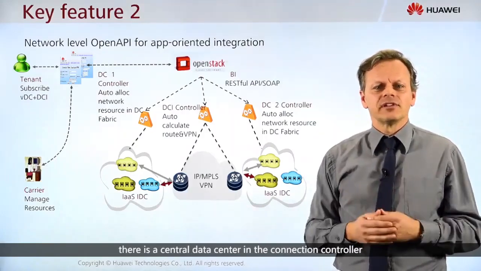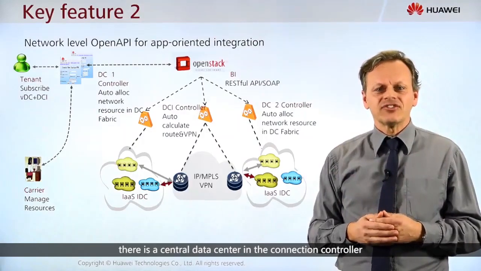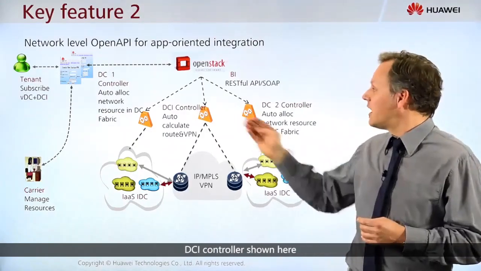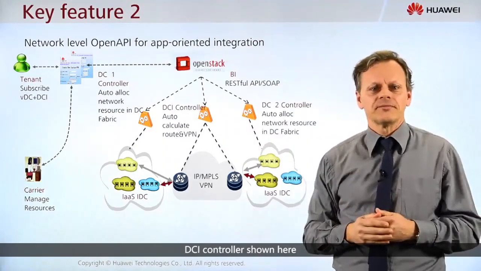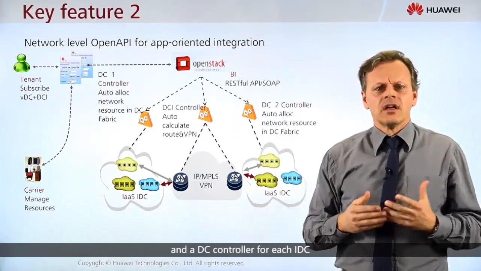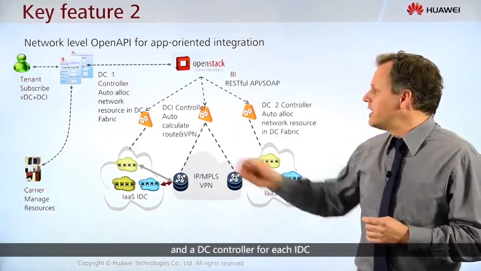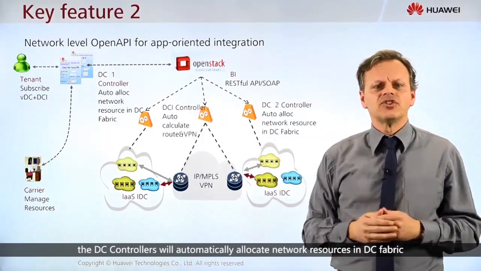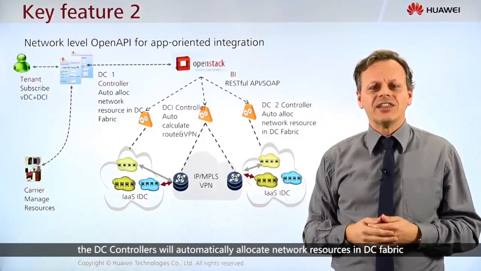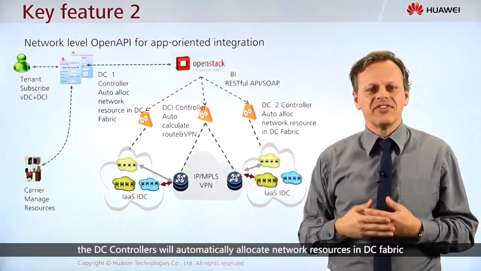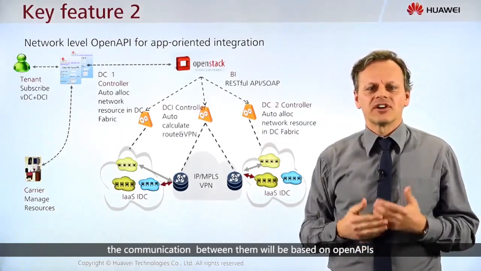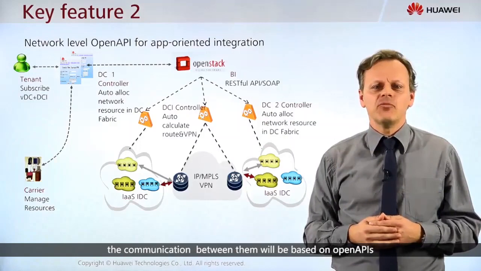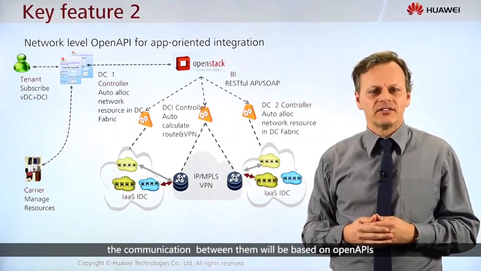There is a central data center interconnection controller, DCI controller, shown here, and a DC controller for each IDC. The DC controllers will automatically allocate network resources in the DC fabric. The communication in between them will be based on open APIs.